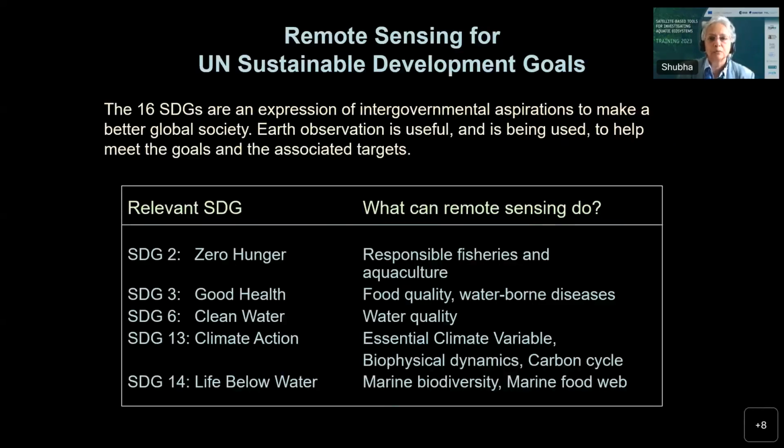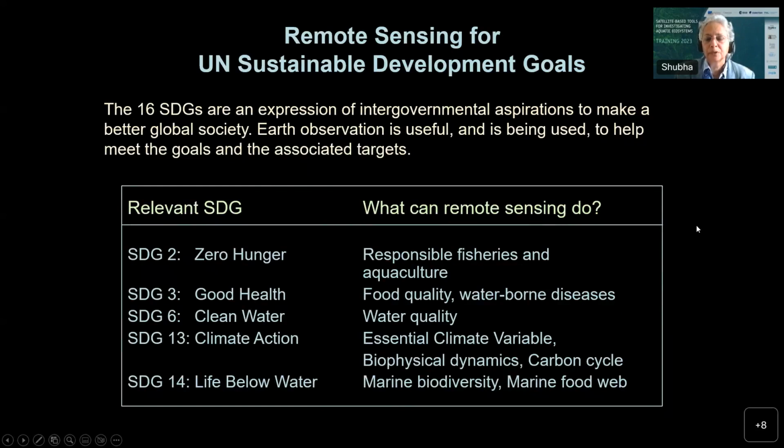So these points that I have been talking about, they are related to the UN Sustainable Development Goals, and especially those that are related to water and those that are related to hunger, health, clean water, climate, and life below water.